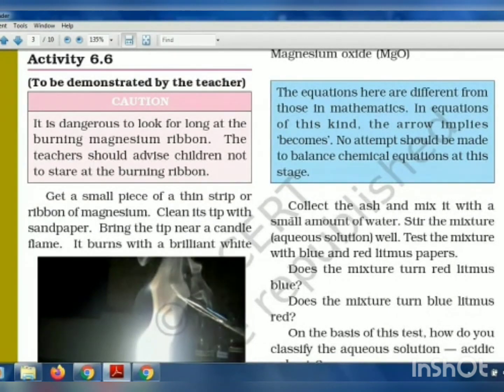We saw how the rusting of iron takes place, in which on the metal iron some powdered substance is formed, which is called rust, which is brownish in color. So a new substance is formed on the metal because of the chemical reaction of the metal with the air that contains oxygen. Now, similarly, we'll look into different things which change because of the chemical reaction that happens between those two substances.